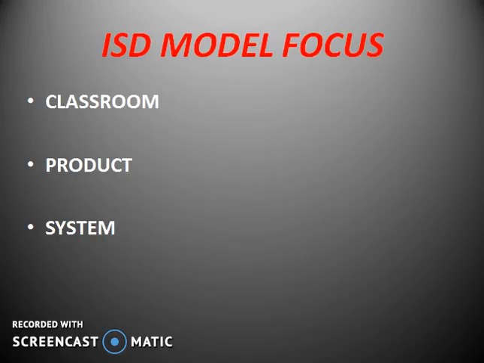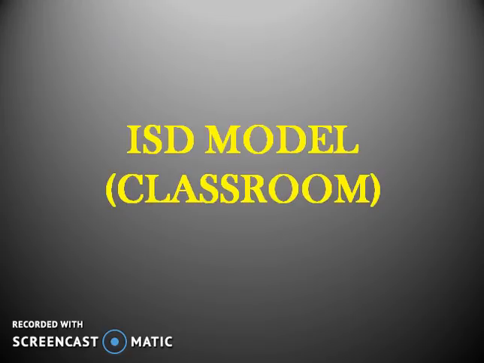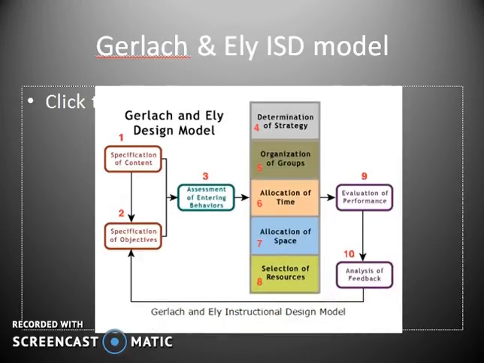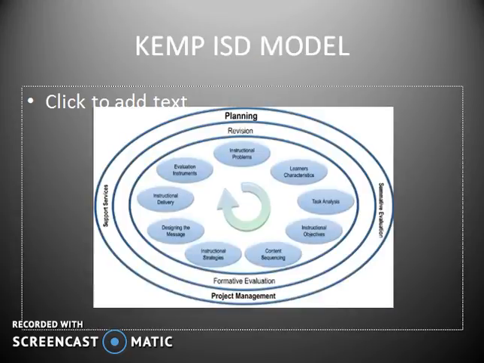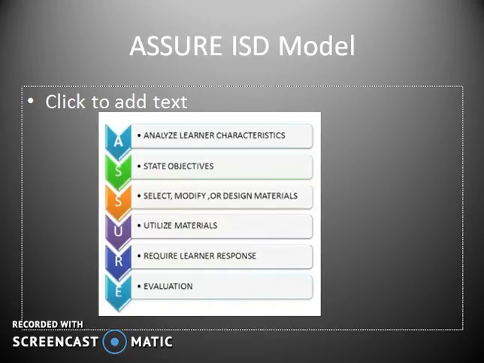thing to look into. We are going to look into the classroom ISD models that are available and are being used in the industry at the moment. Gerlach and Ely ISD model, Dick and Carey ISD model, Kemp ISD model, and lastly the ASSURE ISD model.